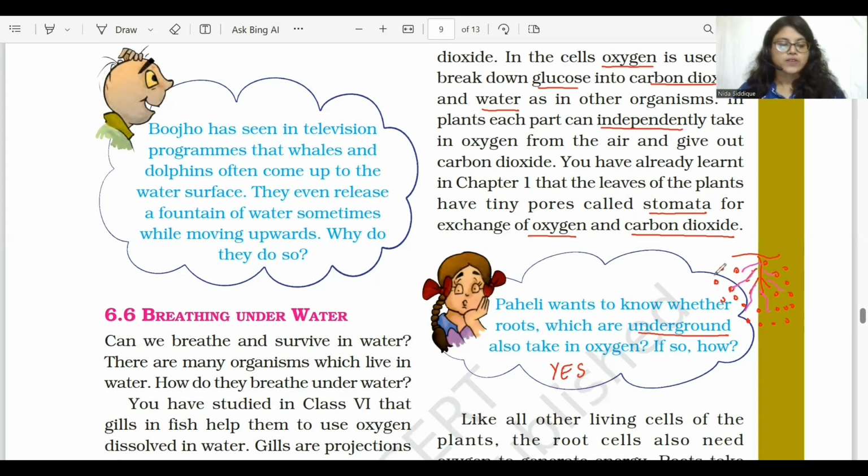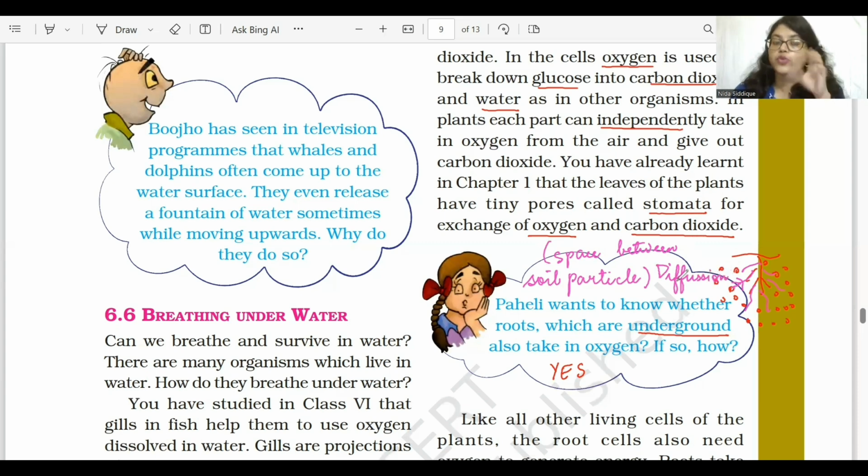Okay. So these roots have root hairs. The root hairs take up the air from the space between the soil particles, and it is by the process of diffusion.